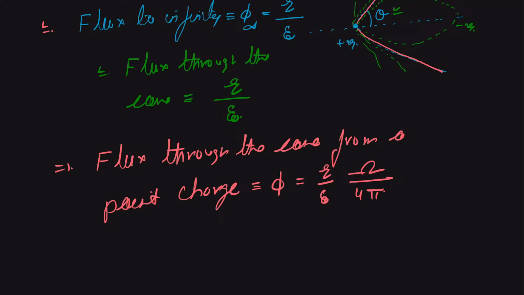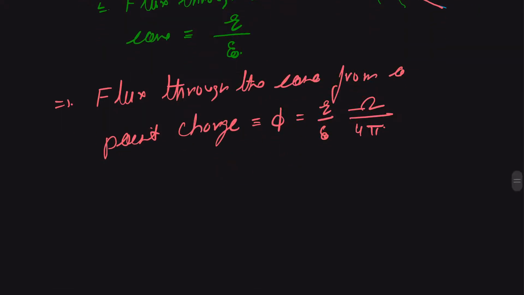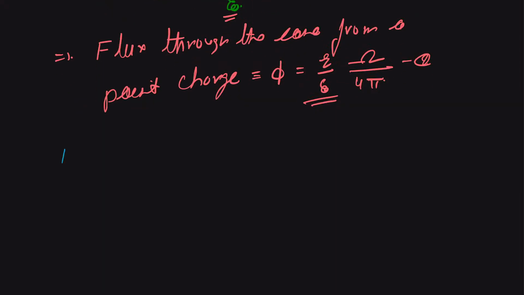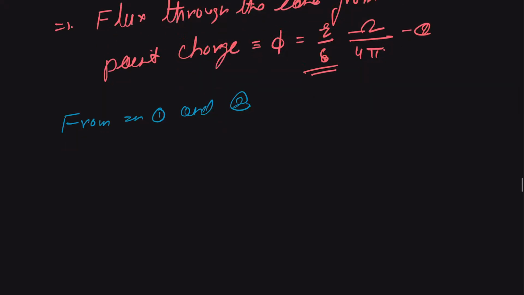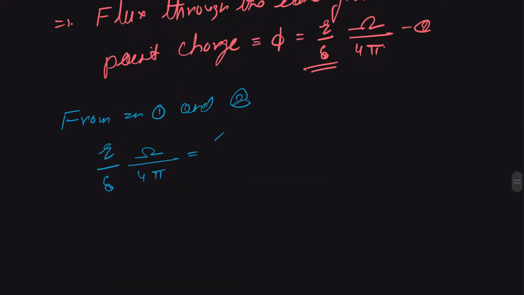And these two are the same, so we can just equate them. Let us call this equation number 1, and this equation number 2. From equations 1 and 2, we can write q upon epsilon naught times solid angle over 4 pi equals q upon epsilon naught.